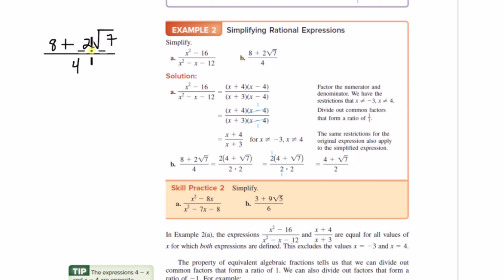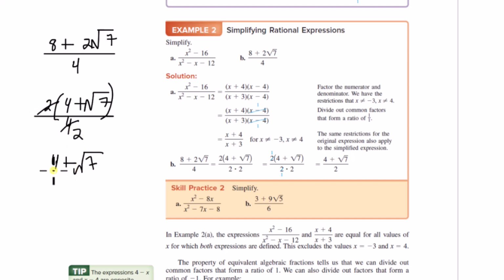This is a 0th order polynomial in the numerator and the denominator, with leading coefficient 8 plus 2 root 7 in the numerator and leading coefficient 4 in the denominator. You could argue that this is simplified, but let's do this. Factor out a 2 here and get 4 plus root 7, and then 4 plus root 7 over 2.